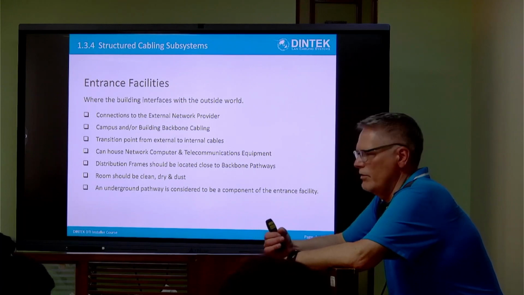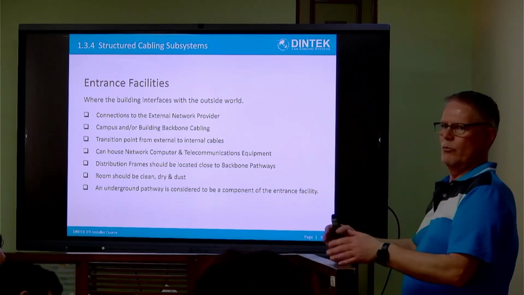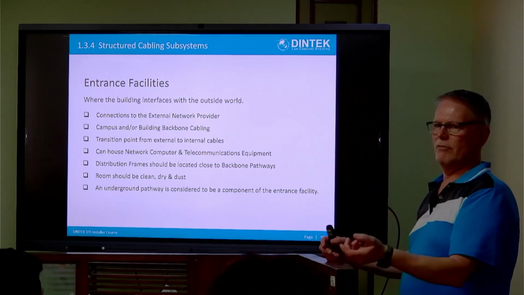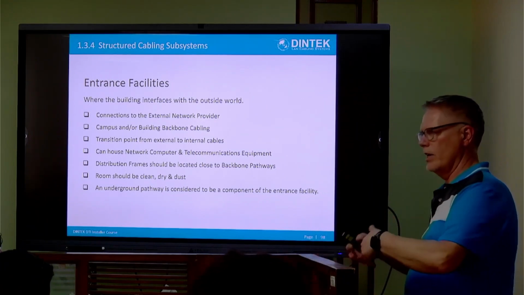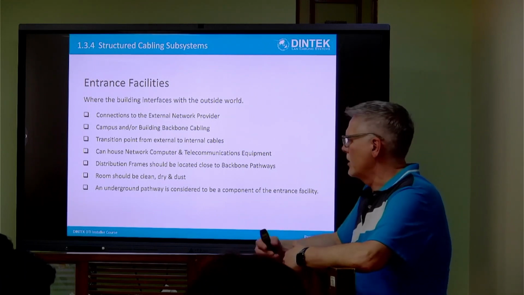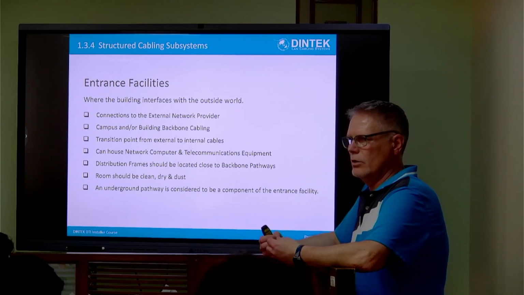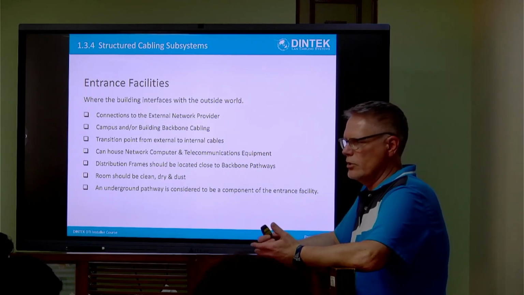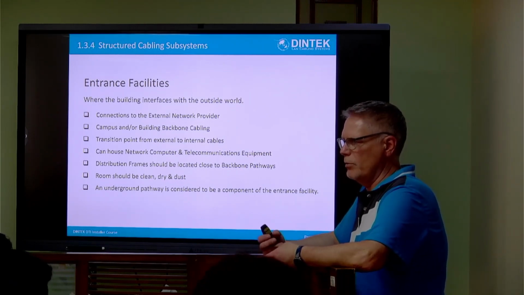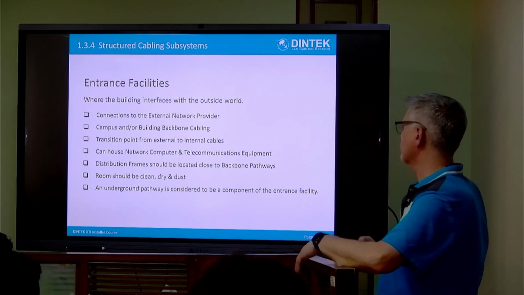It shouldn't be overly flooded. So it might be an underground room where ducts are coming in, and if the ducts get filled up with water in that flooded room, and you've got analog block circuits and electrical equipment, that's going to be bad. If there's a lot of dust lying around, and you've got copper terminations, punch down blocks, that's probably going to cause problems as well. So it needs to be clean.